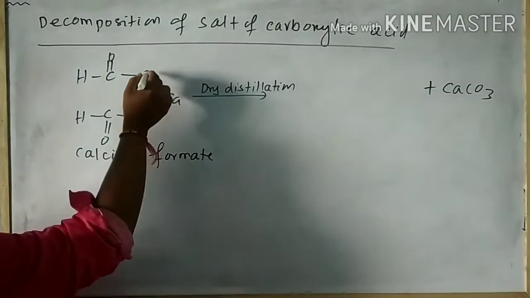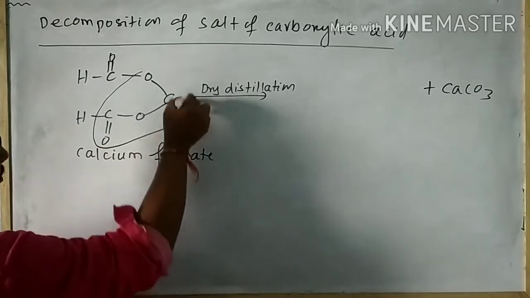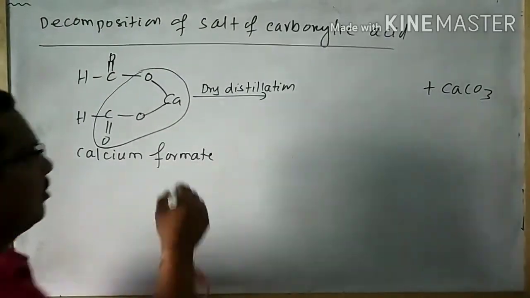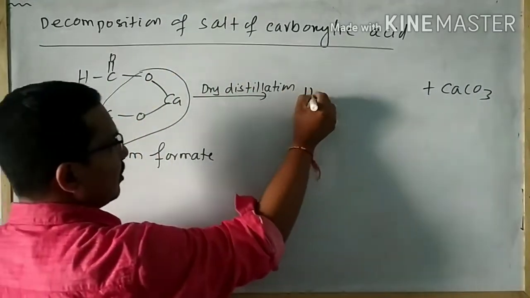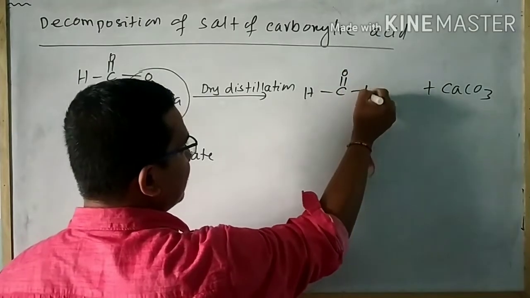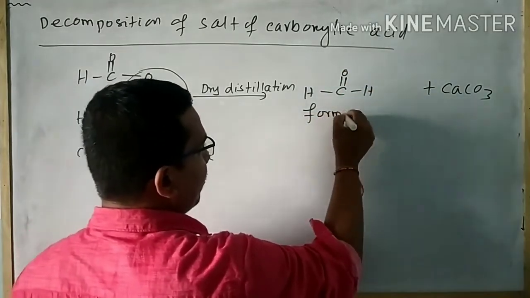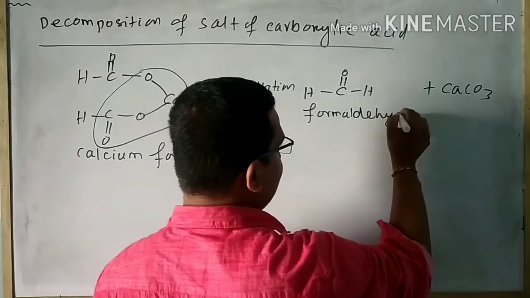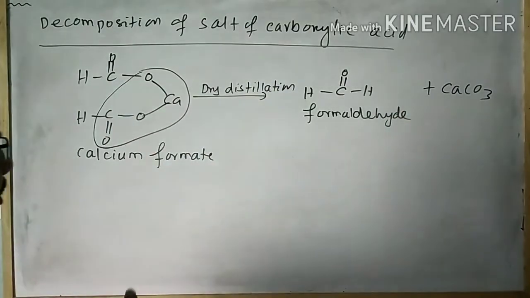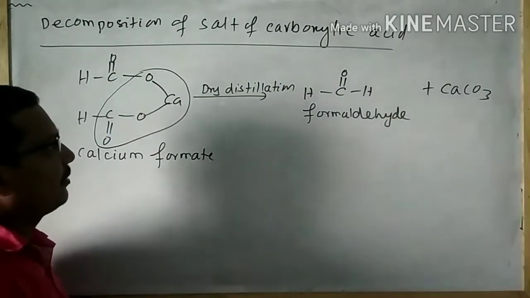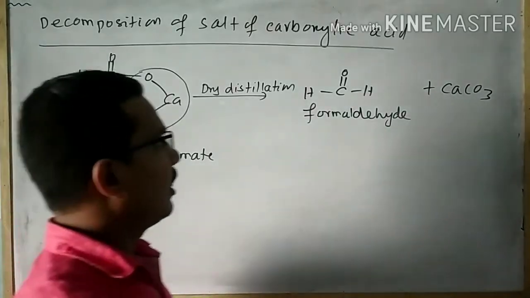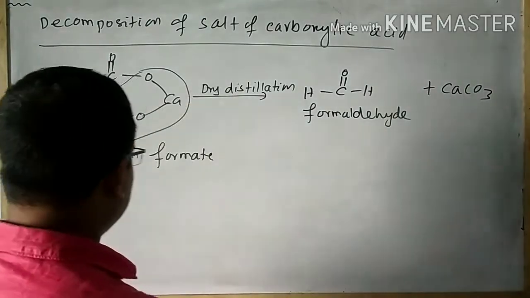This is said to be calcium carbonate, and the rest part is H bond C double bond O bond H, that is said to be formaldehyde. What is the statement for this reaction? When calcium formate undergoes dry distillation, then formaldehyde is formed.